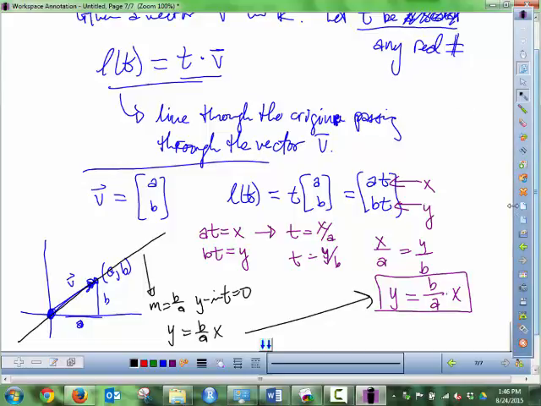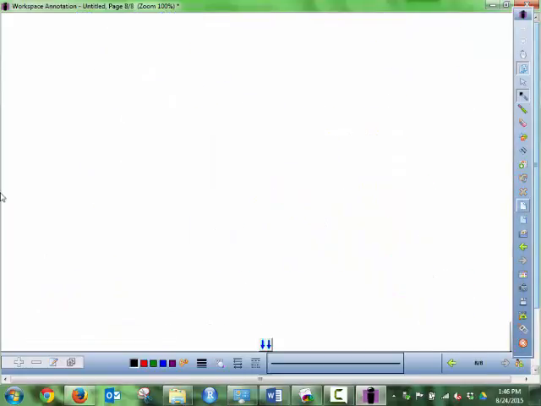All right, let's come up with another example of finding an equation of the line. This time, something that's perpendicular. Let's say I have this vector v over here.